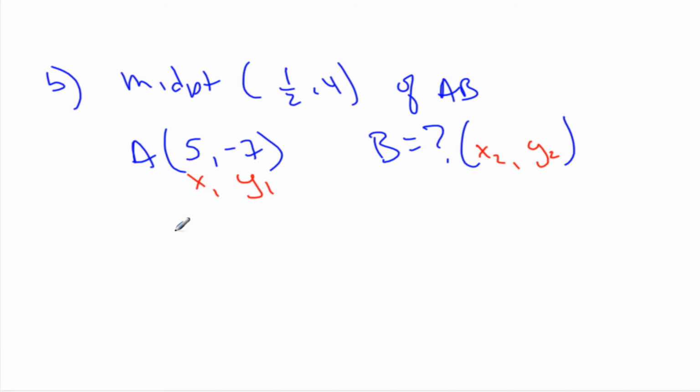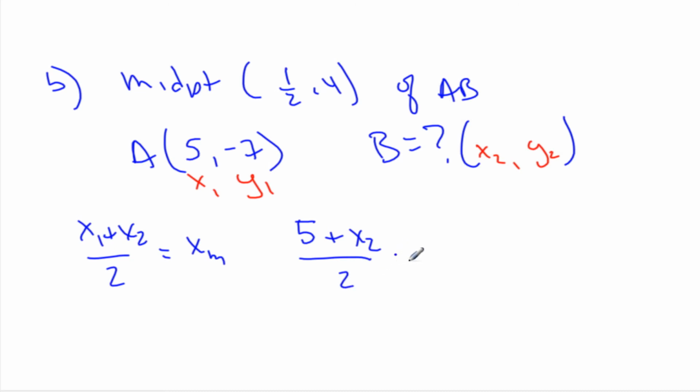Here's my formula for x, is equal to my x, we'll call it m for midpoint. So I know x1 is 5. x2 I don't know, divided by 2, is going to equal my 1/2. Solving this equation here, how would you solve this one, Mr. Cole?